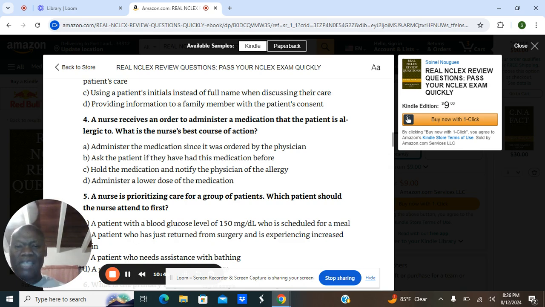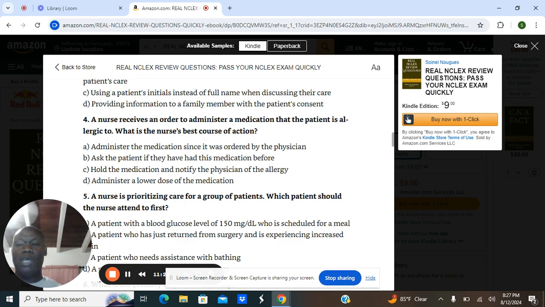That's exactly the best choice. Hold the medication. Don't give it. Okay? Do not give it. D, administer a lower dose of the medication. This is crazy. You cannot give the medication at all. D is not it. Very important. So what is the answer? Hold the medication. C is the answer.